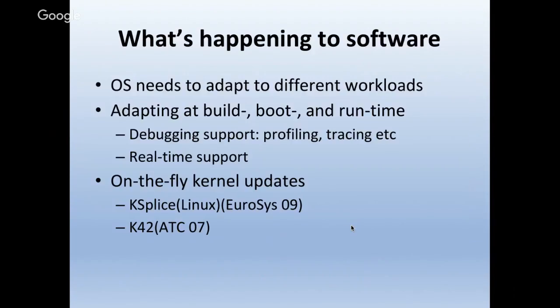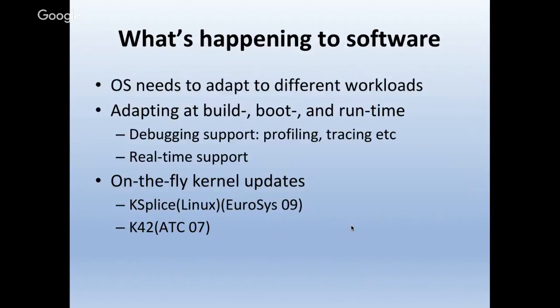And what's happening to software? In software, we usually need to adapt to different workloads in our OS. General purpose kernels are very useful to adapt, but we still have to adapt by modifying the build, boot, and runtime, for example, to facilitate debugging with profiling and tracing.